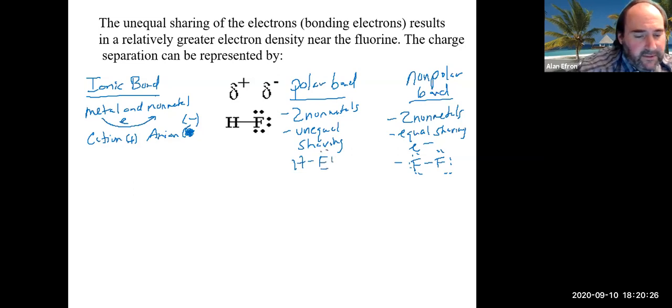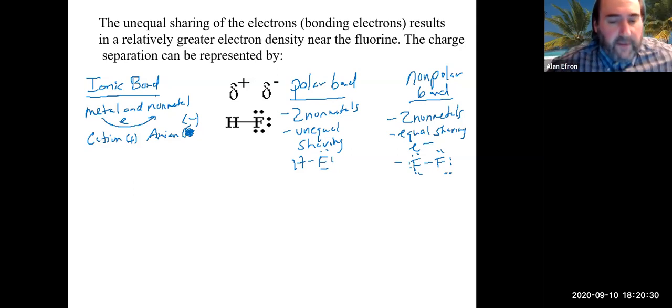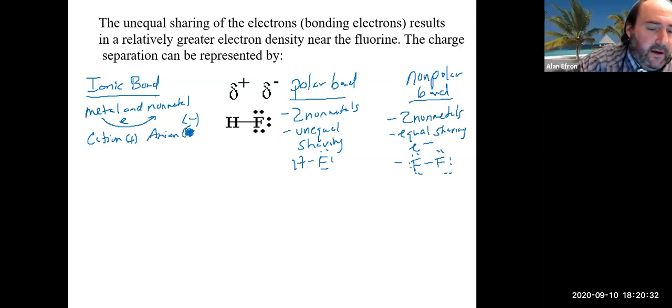So these are really the three types of bonding that you come across. One side, all the way to the left there, ionic bond, they have such differences in properties that we get a complete transfer of electrons, no sharing of electrons at all. On the other end of the extreme, we have a nonpolar covalent bond where we have two nonmetals that have very, very similar properties, going to share those electrons equally.